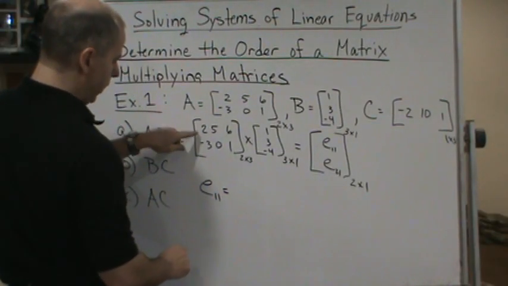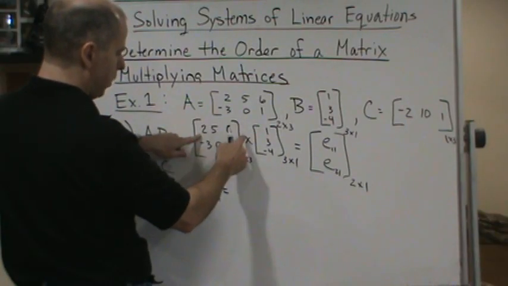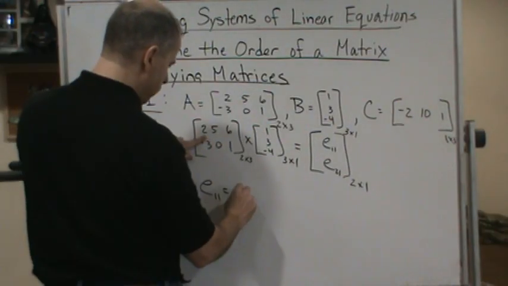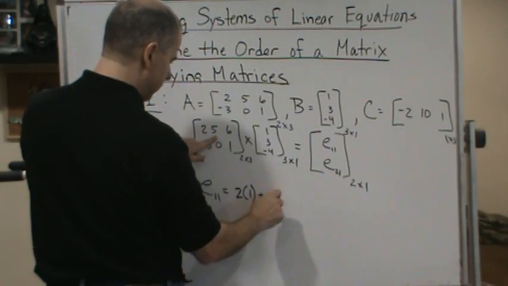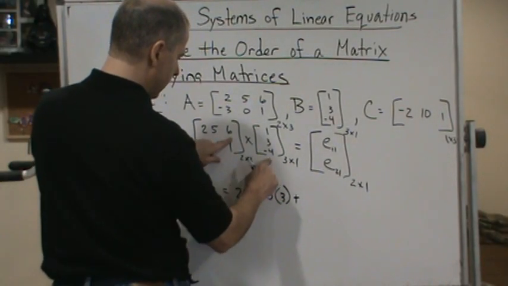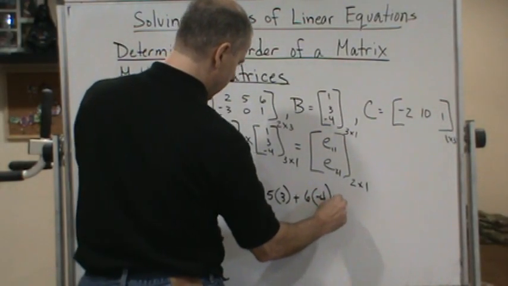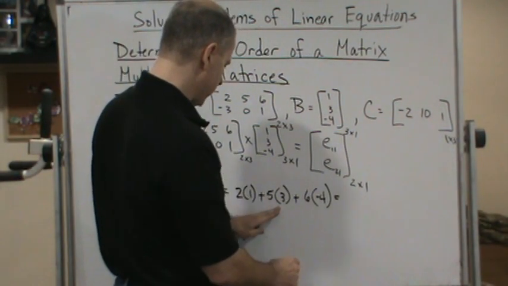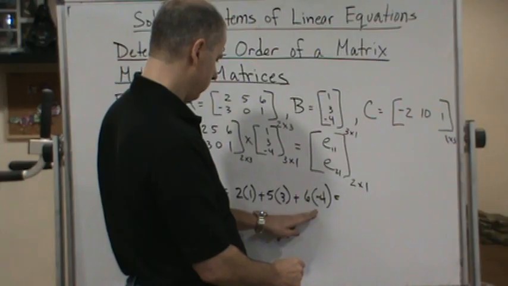So now E11 is going to be going across the first row, first column. So that means we're going to take 2 times 1 plus 5 times 3 plus 6 times negative 4. And that's it. So that will give us 2 plus 15, which is 17, plus negative 24.